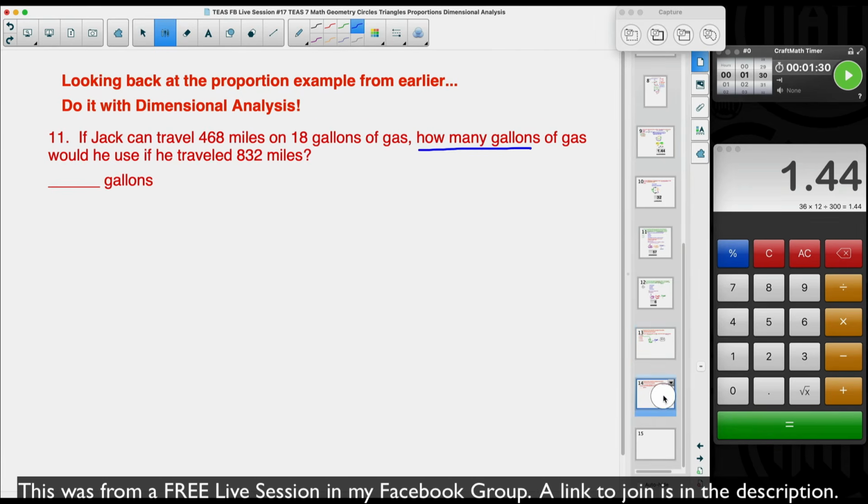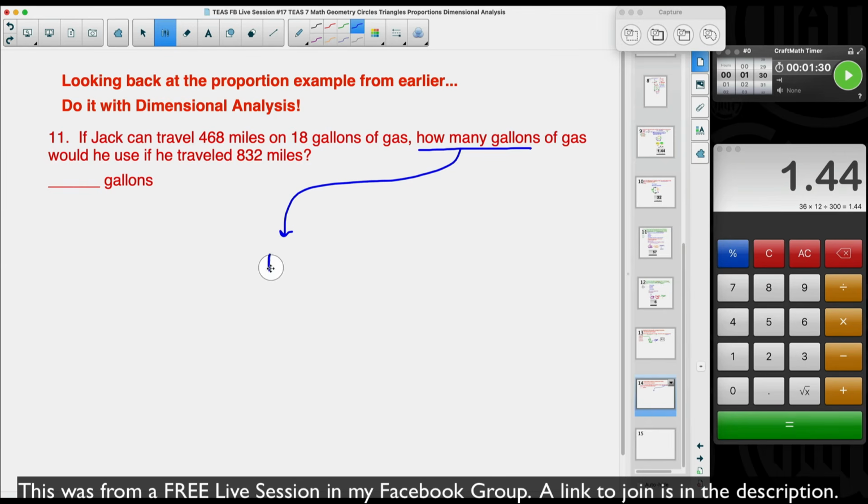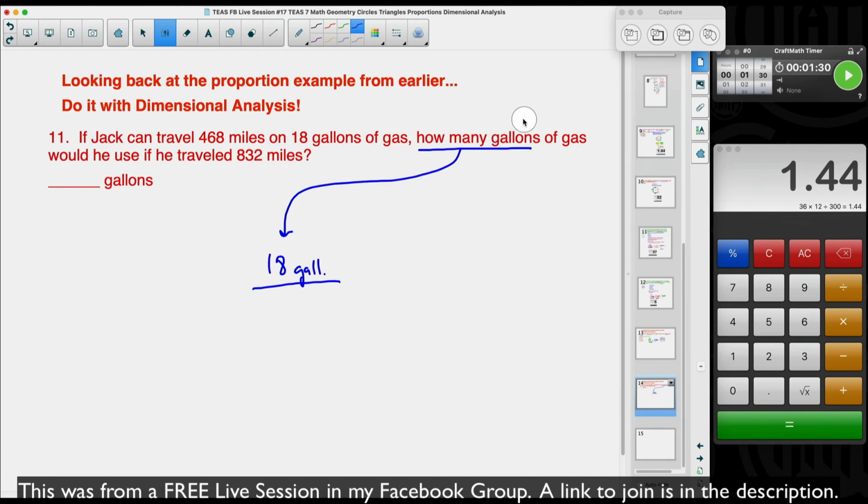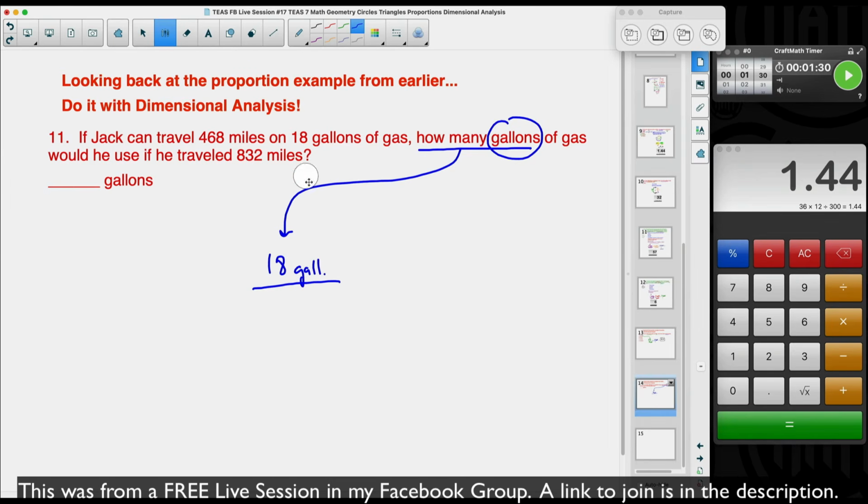But are y'all seeing a trend here? So how many gallons? I'm going to start off with gallons. I know I put 18, but that's the only thing in this problem that mentions gallons. But since I'm trying to find gallons, that's why I'm putting that word at the top.